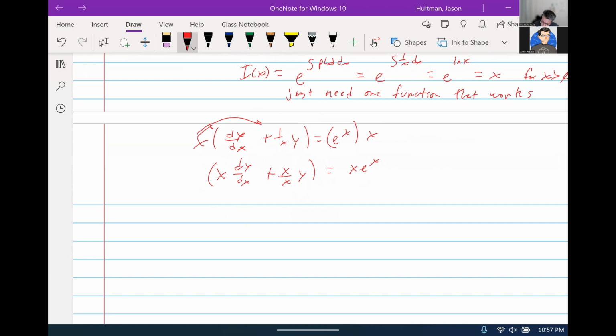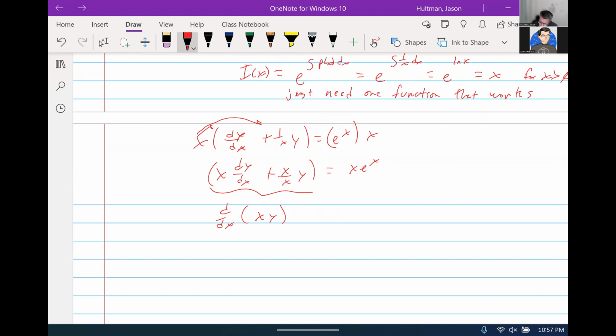So now I want to think, what is this going to become? This is going to become the derivative of xy. Why? Because if I take the derivative of the second function, that becomes my dy dx. Hold the first one in place, it becomes x.